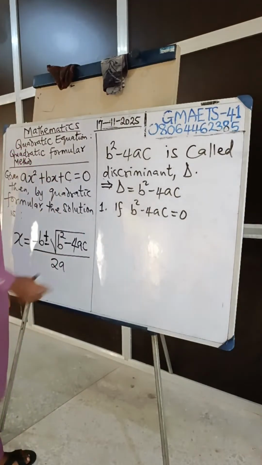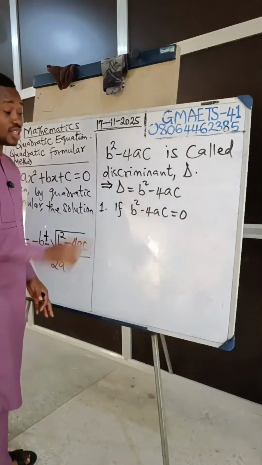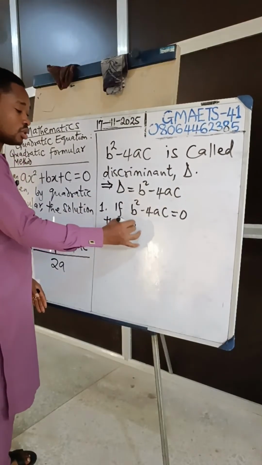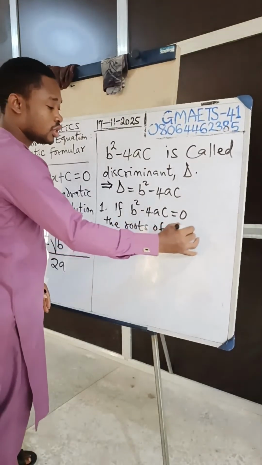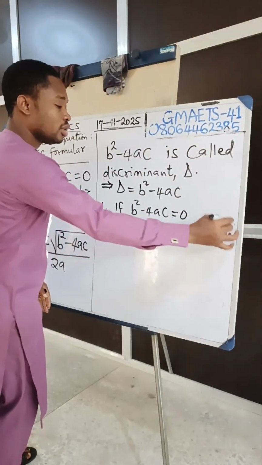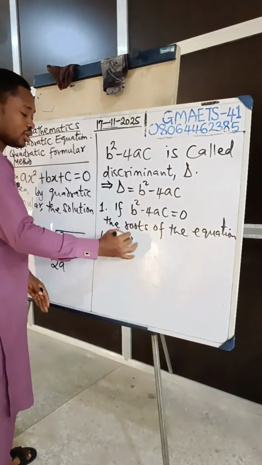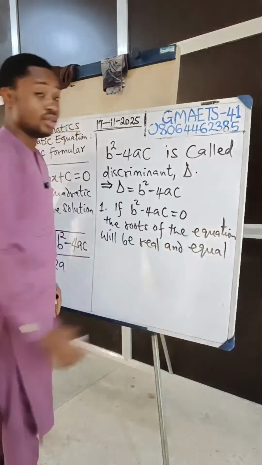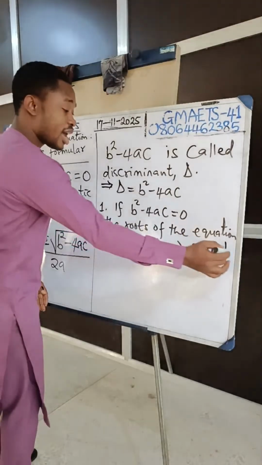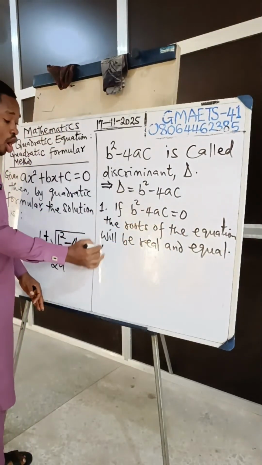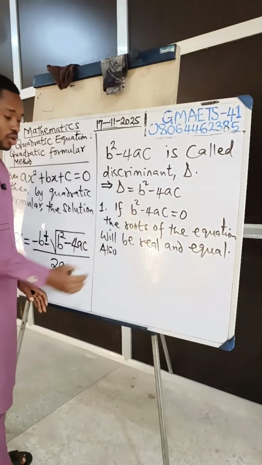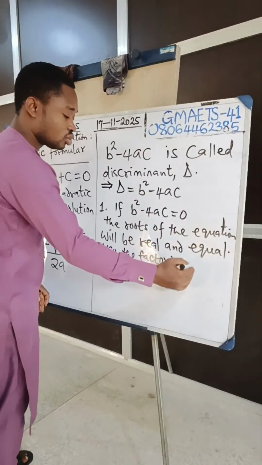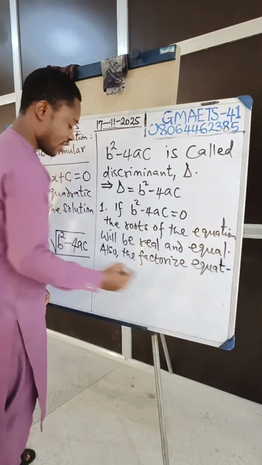If b squared minus 4ac is equal to 0, that is, if D is equal to 0, the roots of the equation will be real and equal. Will be real numbers and equal. First stop. That's one very significant point you should take note of. Also, the quadratic equation can be factorized.